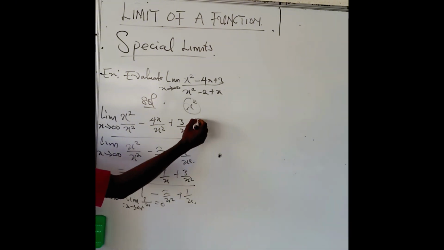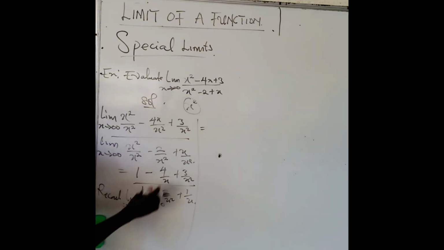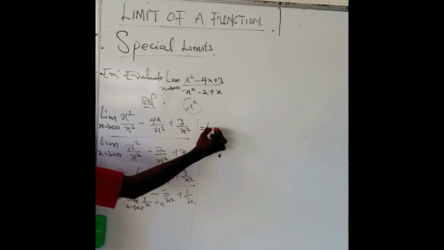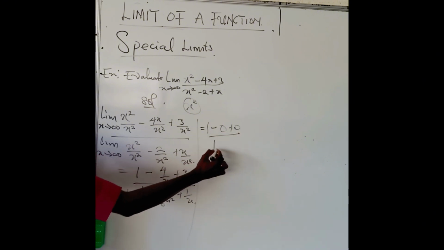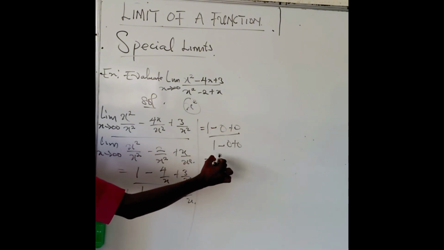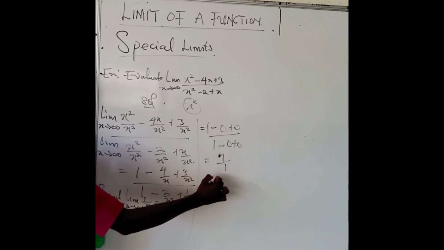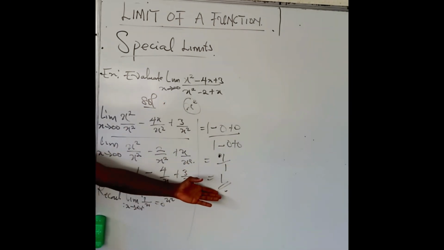So the answer is going to be 1 minus 0 plus 0 over 1 minus 0 plus 0, which is 1 over 1. So the limit for this question is 1.